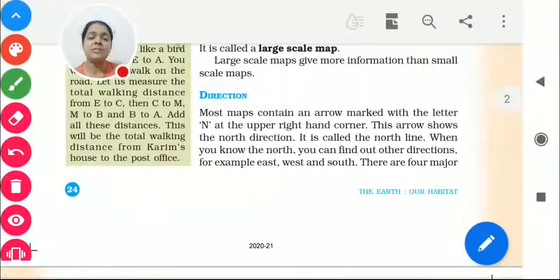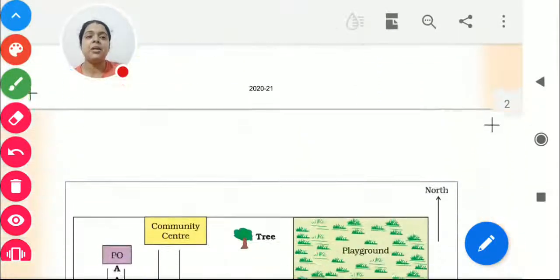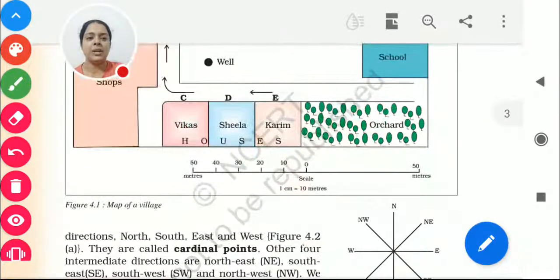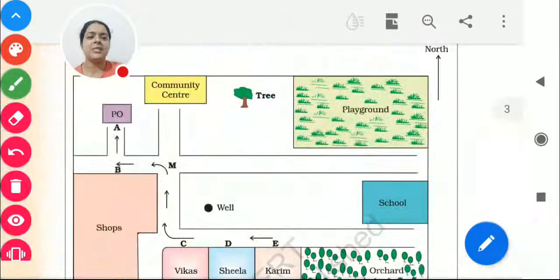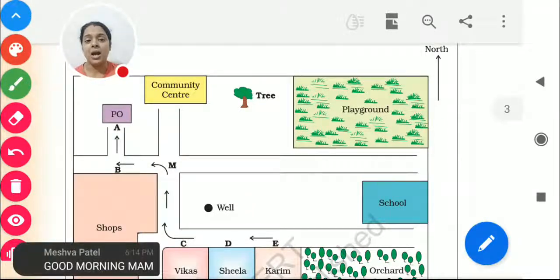To the directions, what are we left with next? If a map is given to you and you are not aware of the direction, just imagine what will happen.